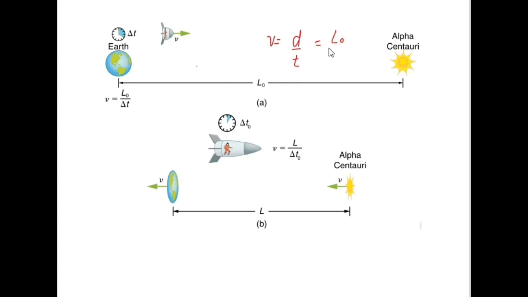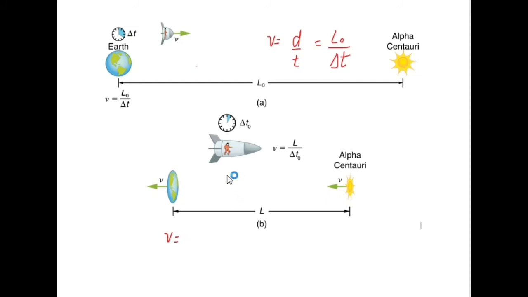But the time he measures is the delta t without the naught. Okay, so that is clear. This velocity is also the same as the relative velocity observed by the astronaut inside the spacecraft. So we also have the same v.